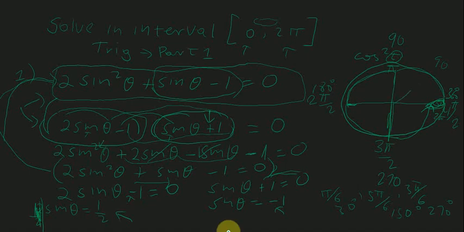Your pi over 6 is here, and then 5 pi over 6 because sine is positive here, and your 3 pi over 2 is here, where sine is negative 1. These are the three angles that solve this problem.